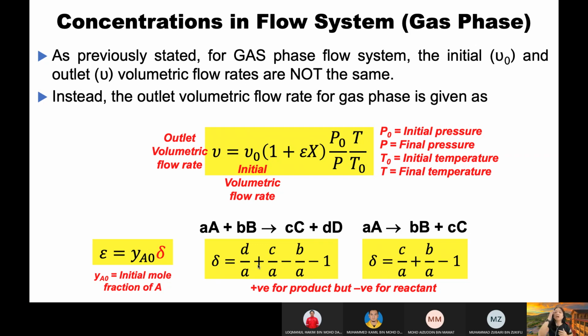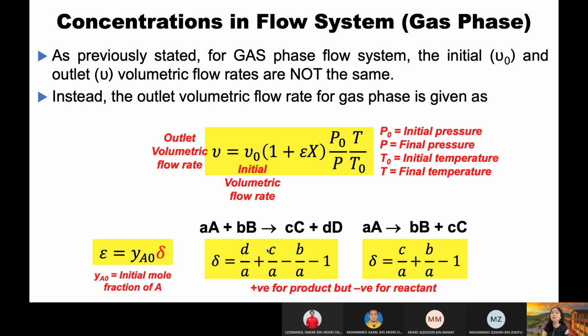Kenapa? Because always konsep dia dalam reaction, produk adalah something yang always akan bertambah. It will always be positive for the product. It will always be negative for the reactant because konsep dia reactant kena kurang baru produk akan bertambah.